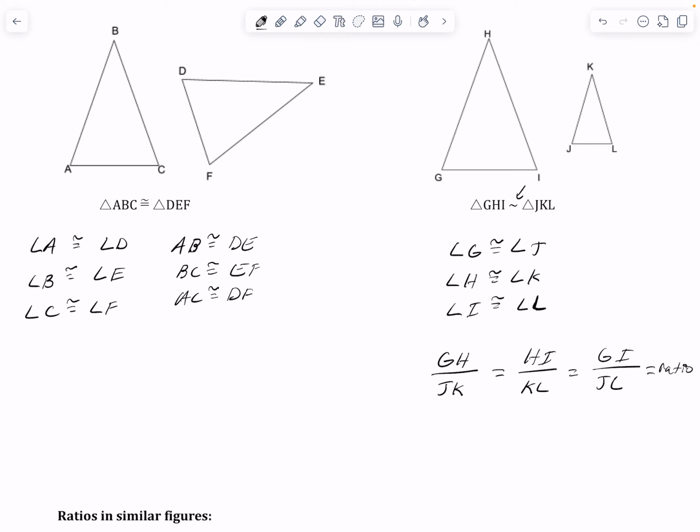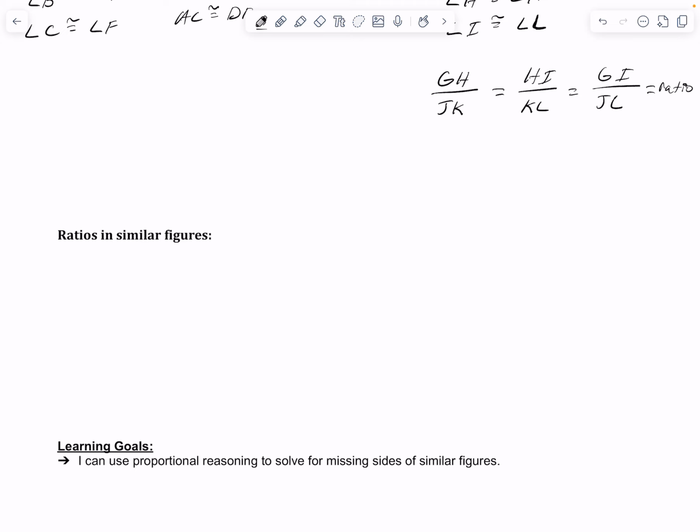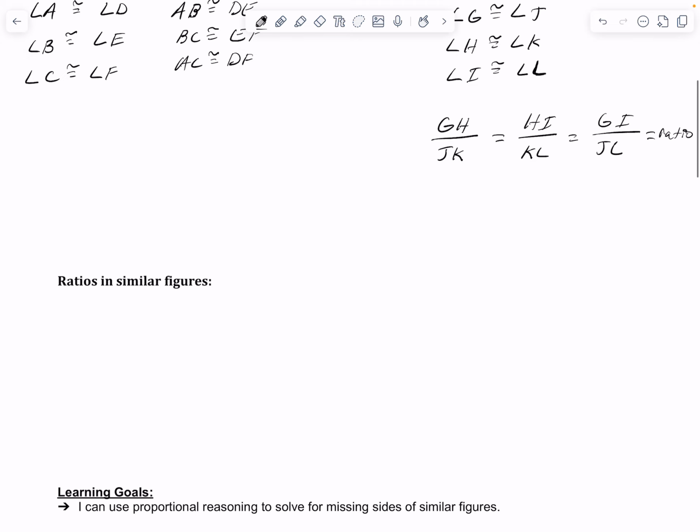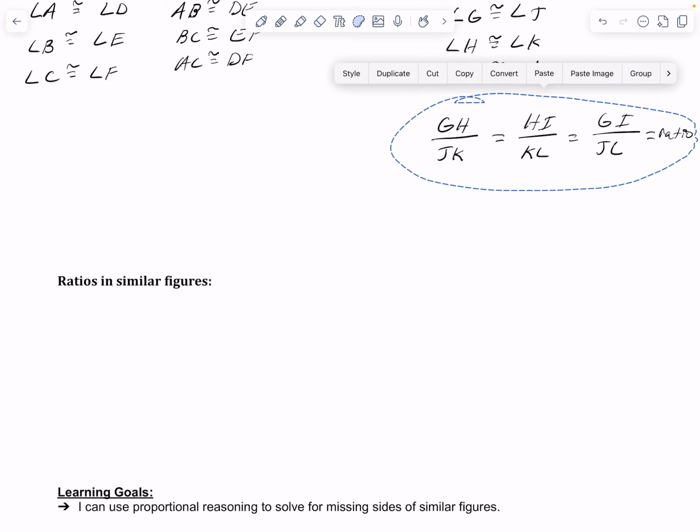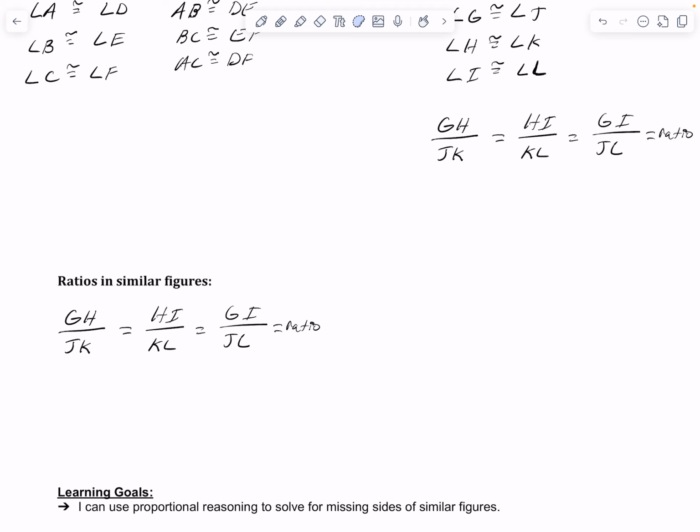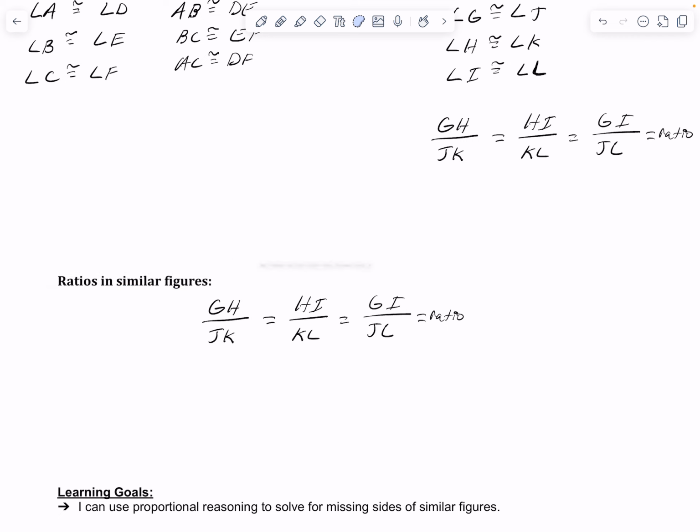Now, if they are, then you get some of these similarity ratios that we're going to use. So the one that I just did here, I'll copy this one. This is your most basic one, and this is going to be called the similarity ratio. And we'll use this here in a moment.